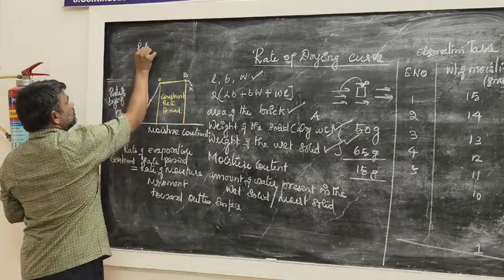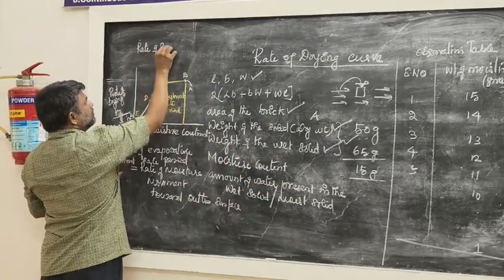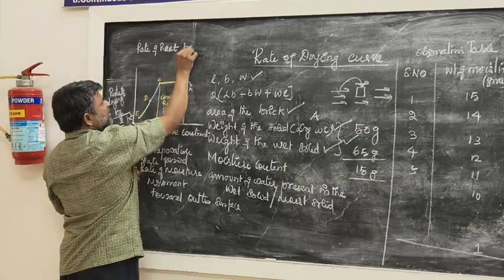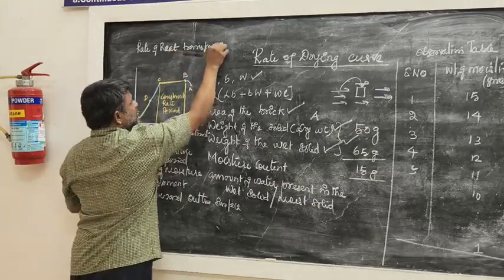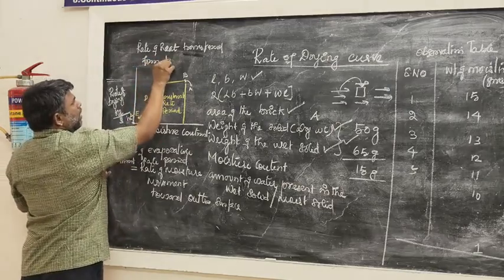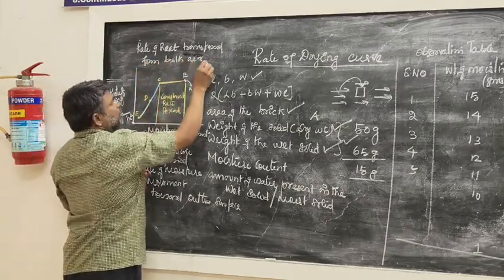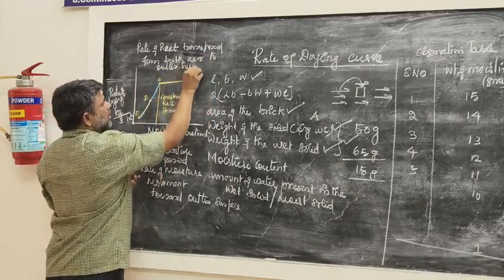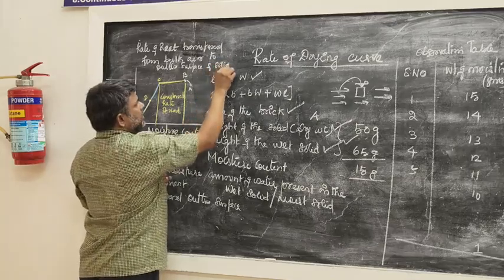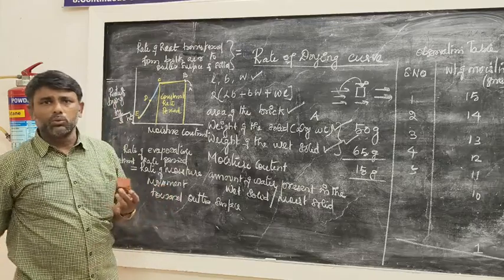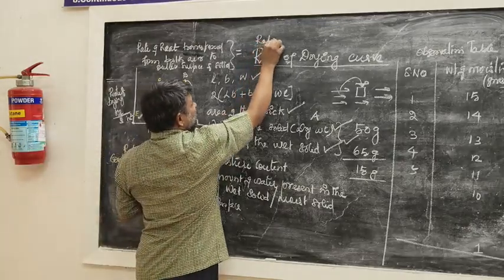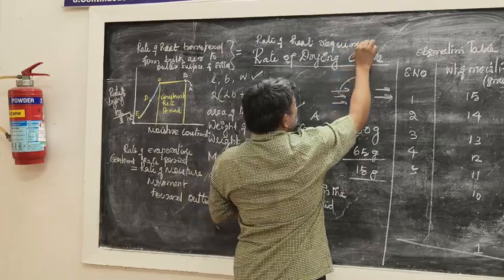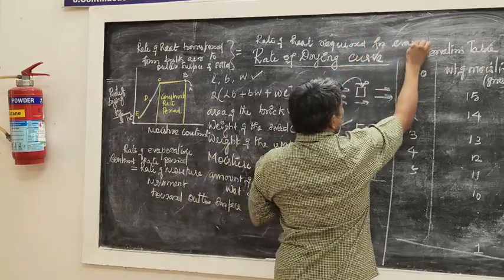The rate of heat required, the rate of heat transferred from bulk air to the outer surface of the solid, is exactly equal to the rate of heat required for evaporation.